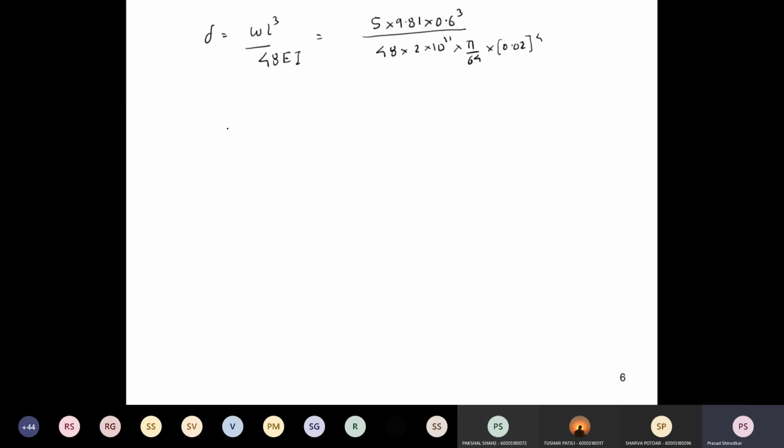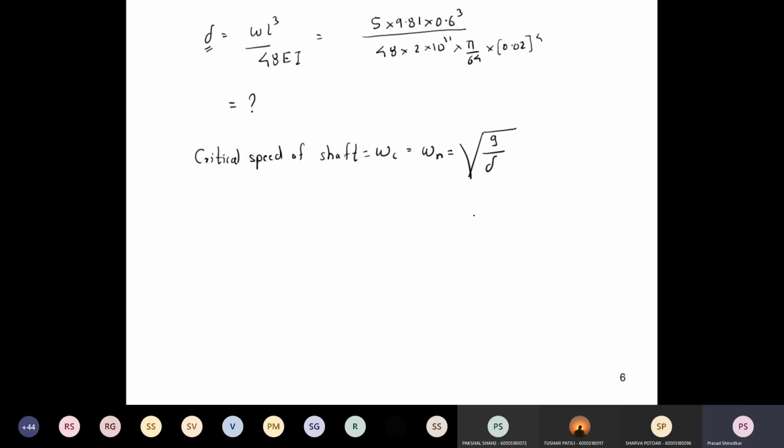All right. So calculate this value. Then find out the critical speed of shaft, that is equal to omega c, and that is equal to omega n, and that will be root of g by delta, that is delta from this value.